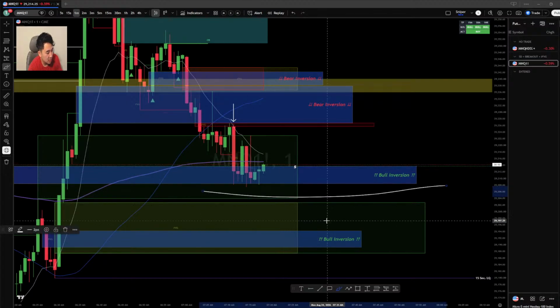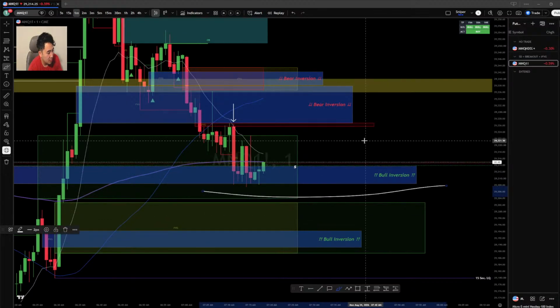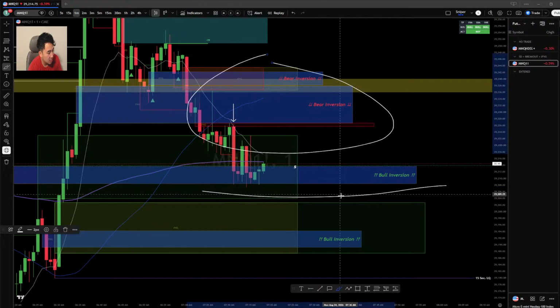In those areas you have people wanting to buy, and then up here lots of sellers at the top.